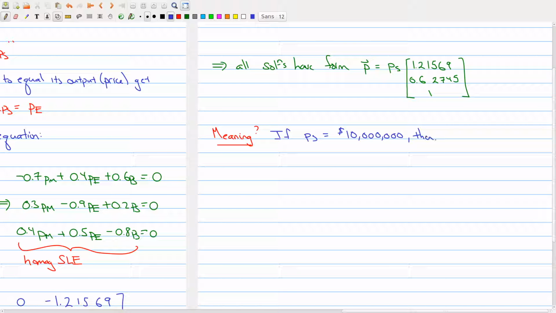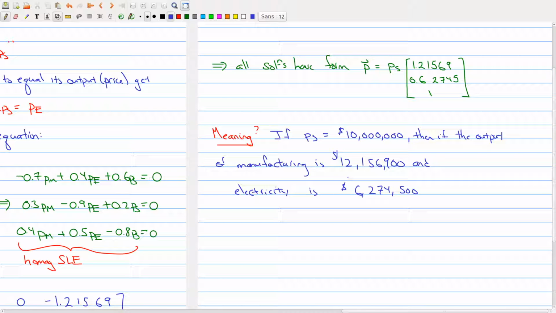Then the output of manufacturing is $12,156,900, and electricity is $6,274,500.